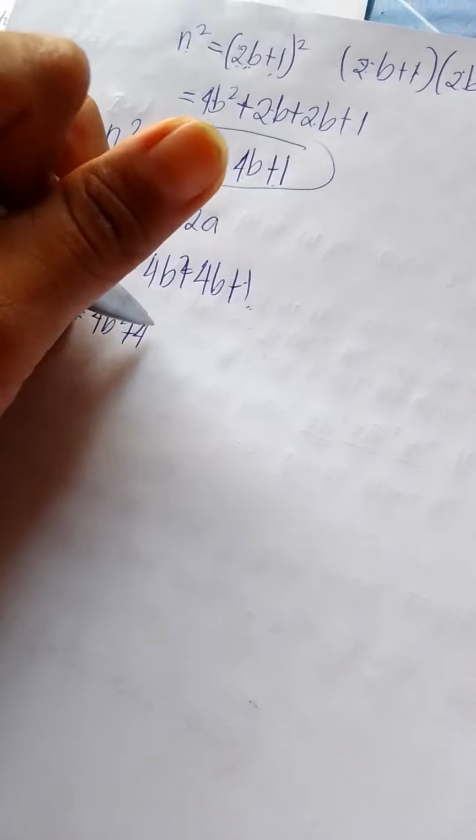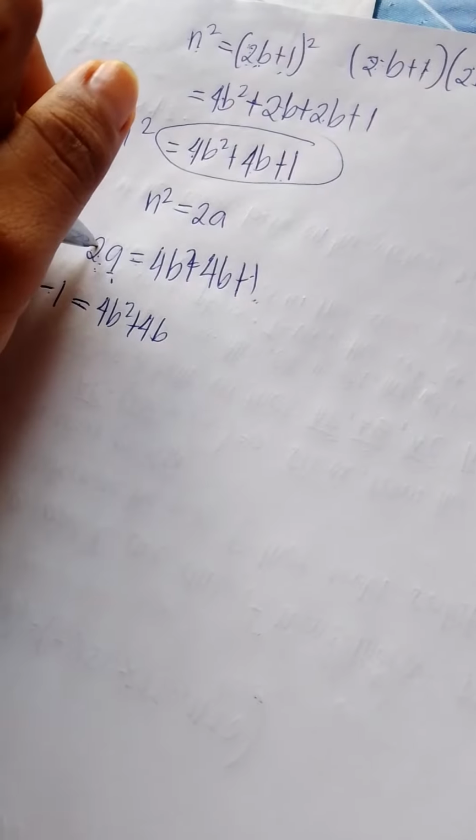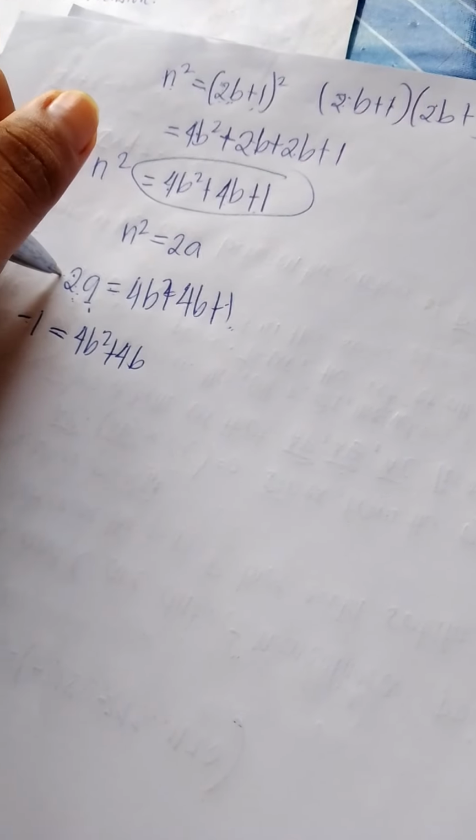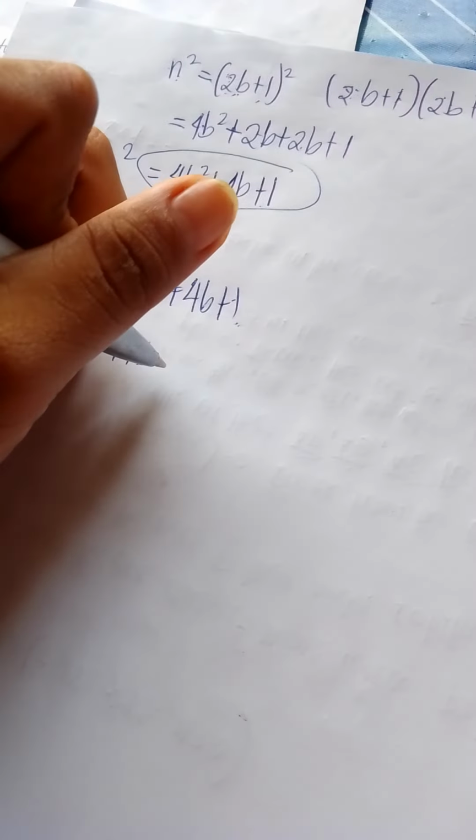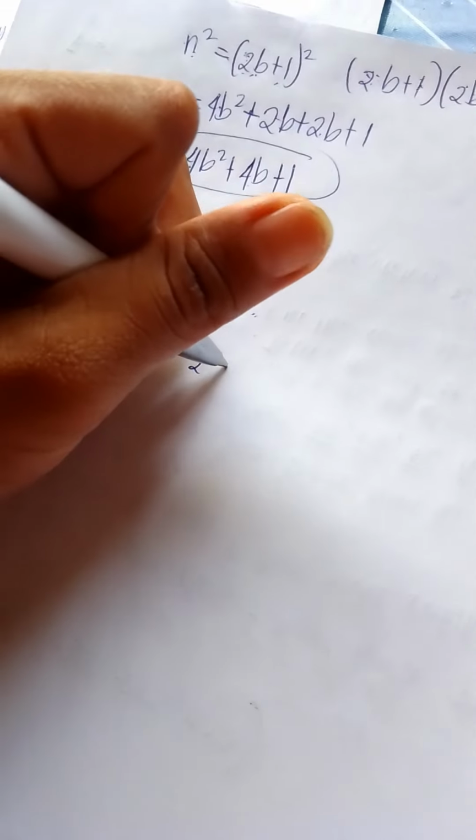Copy 4b squared plus 4b. Transferring 2a to the right, it was positive, so it becomes negative: minus 2a.